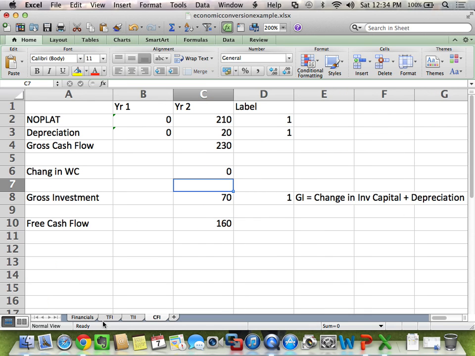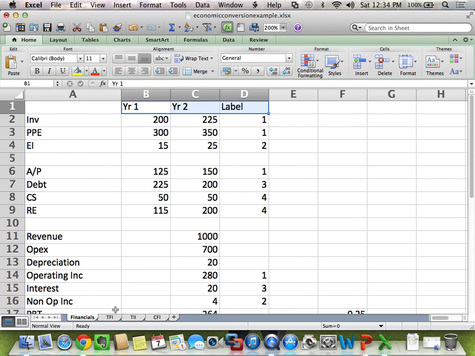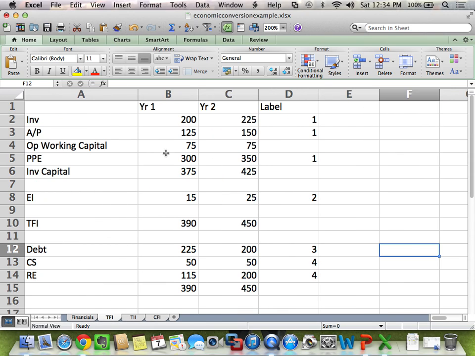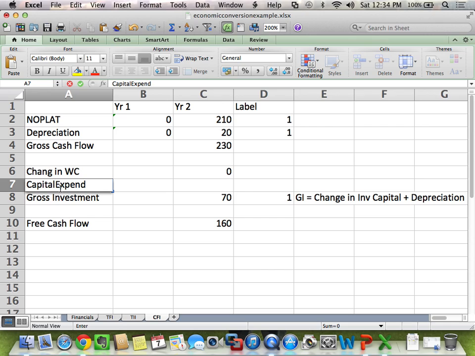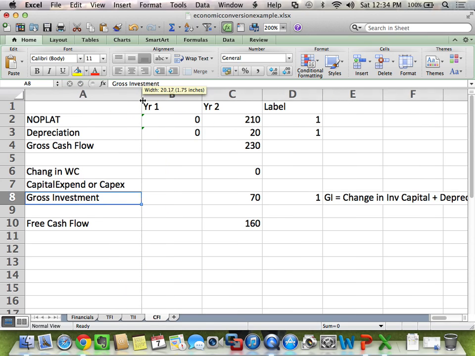So the other part of my ones off of my balance sheet is my PP&E. Well, change in PP&E is called what? Capital expenditures, or Capex for short. And what is the definition of Capex?